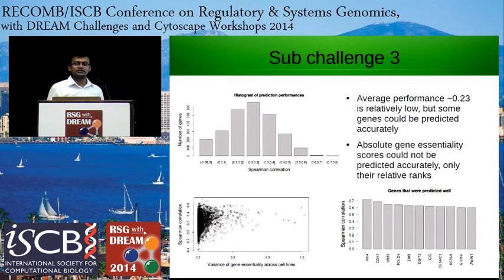It's not really convincing, but I think there are some genes which could be predicted fairly accurately. As we can see in this histogram, there are some genes which have 0.6, 0.7 correlation. And here on the right-hand side, at the bottom, I have listed the top genes which could be predicted well, where the correlation of the prediction was more than 0.6.